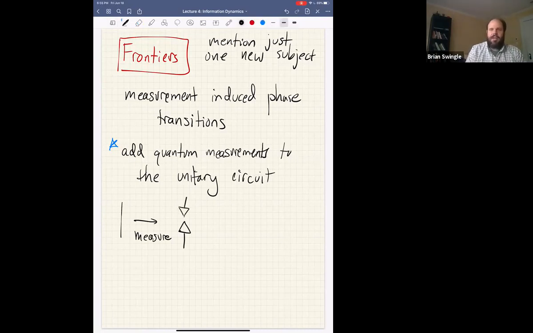So you just come in, you project your incoming state onto that measurement basis, the different amplitudes, or the square of the amplitudes, give the probabilities, and then what comes out at the top is just the product state. And then that can get plugged into the circuit and you can have further evolution.